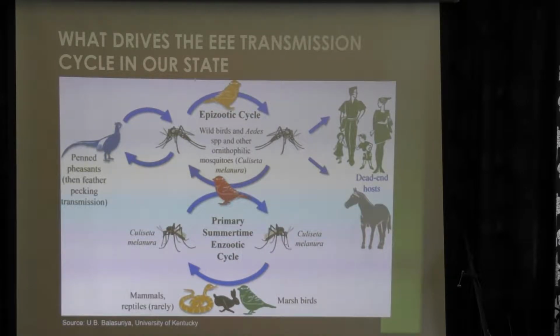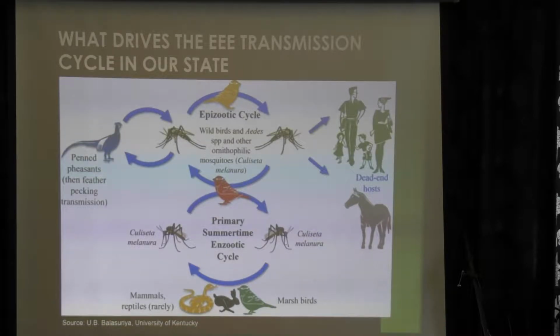And eventually, when these mosquitoes occasionally bite other animals, then the Triple E virus gets passed on from birds to mammals and also sometimes to reptiles, but very rarely.